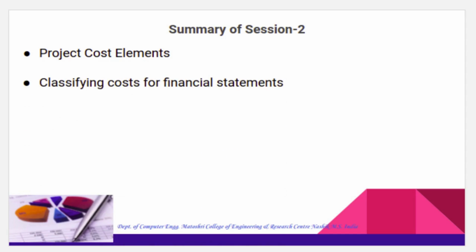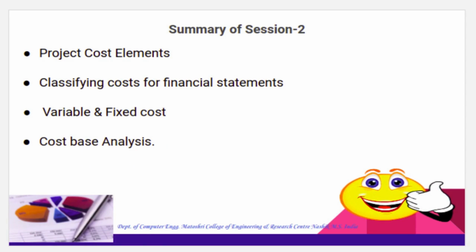Then we also described the important classification of cost for the financial statement, in which we learned three types of cost such as matching cost, period cost and product cost. After that, we reviewed the terms variable and fixed cost. Then we concluded our session by reviewing cost-based analysis. This is the summary of our last session. Next, we will see the contents of the session.